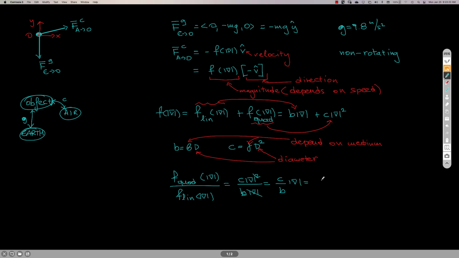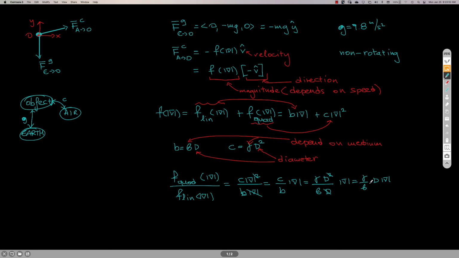Then I know that c is gamma times the diameter squared, whereas b is beta times the diameter of the object, and then I have times the speed. I get rid of the square with a d, so I have gamma over beta times the diameter times the speed.